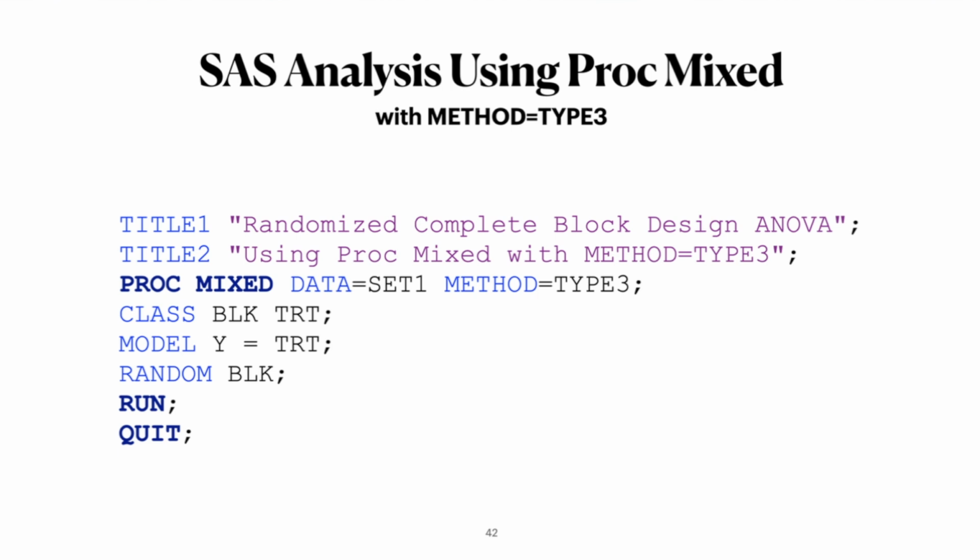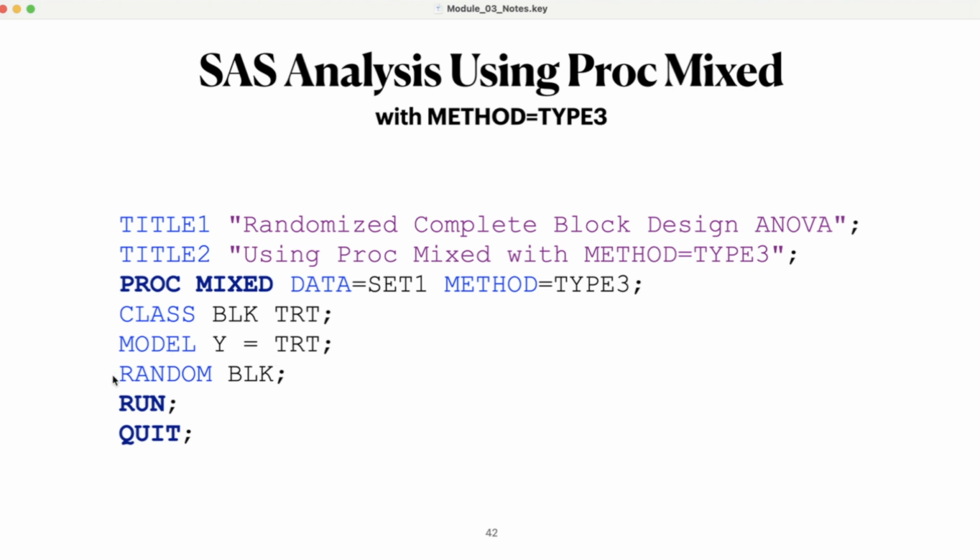And so in this particular data set, I've called that variable BLK for block. And then the way that we specify the randomized complete block model in SAS, at least one way to do it, there are a couple of ways, is to specify the fixed effects part of the model first, and that is done with a model statement. So model, and then the response variable, which in this data set is y, equal to, and then the classification variable that identifies the different treatment groups in the data set.